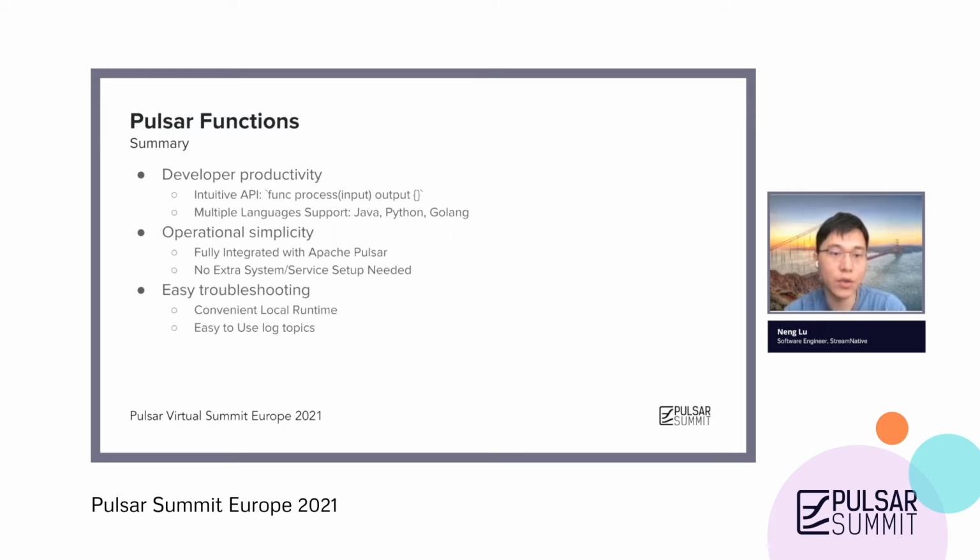It's also very easy to troubleshoot. You can use a local runtime to run functions locally for debugging purposes, or, as we mentioned before, use the log topic to log what's happening in the runtime.